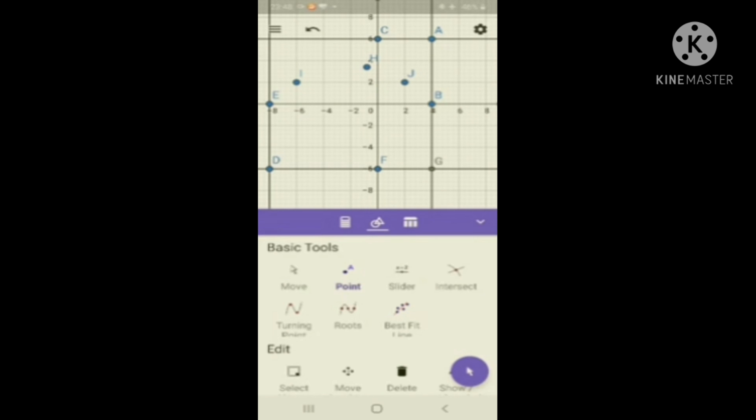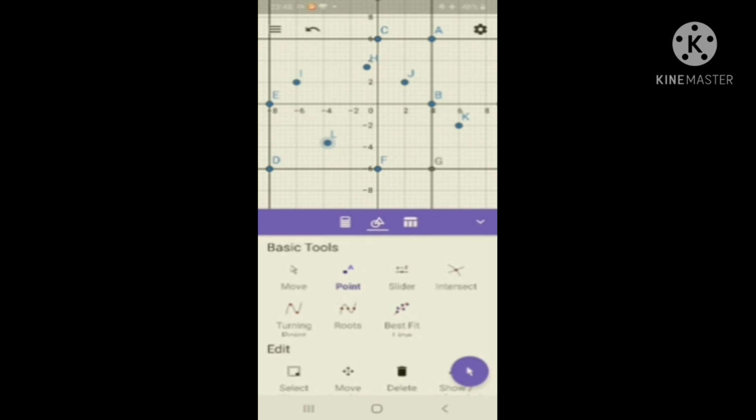The point J is in the first quadrant. The point K is in the fourth quadrant. The point L is in the third quadrant. And you have to find the coordinates of these points.